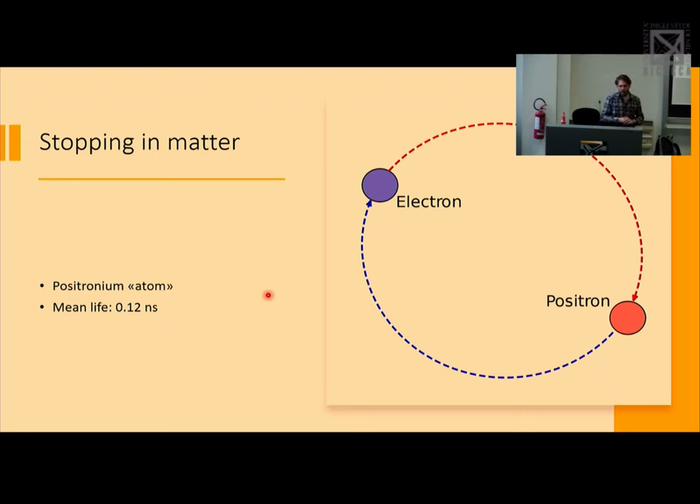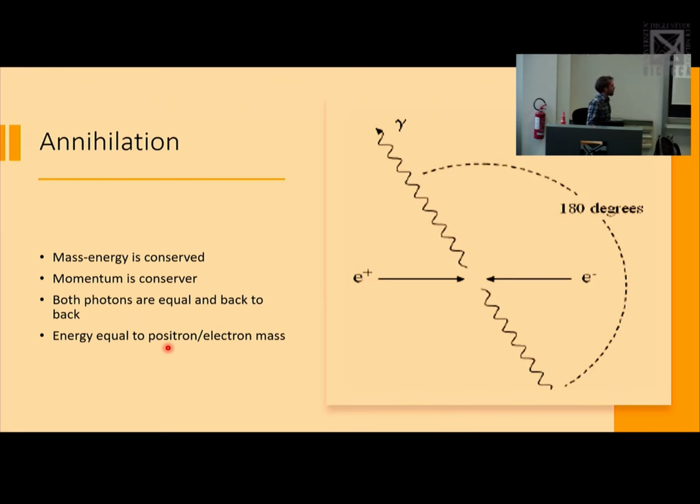However, they become very close, so they interact and disappear. Indeed, the mean half-life of this process is 0.1 nanoseconds, so it's pretty quick.